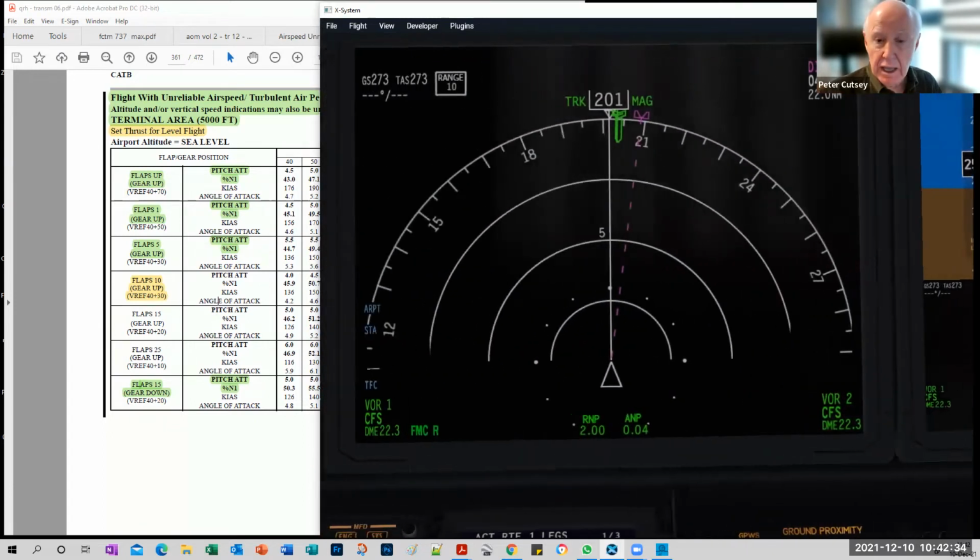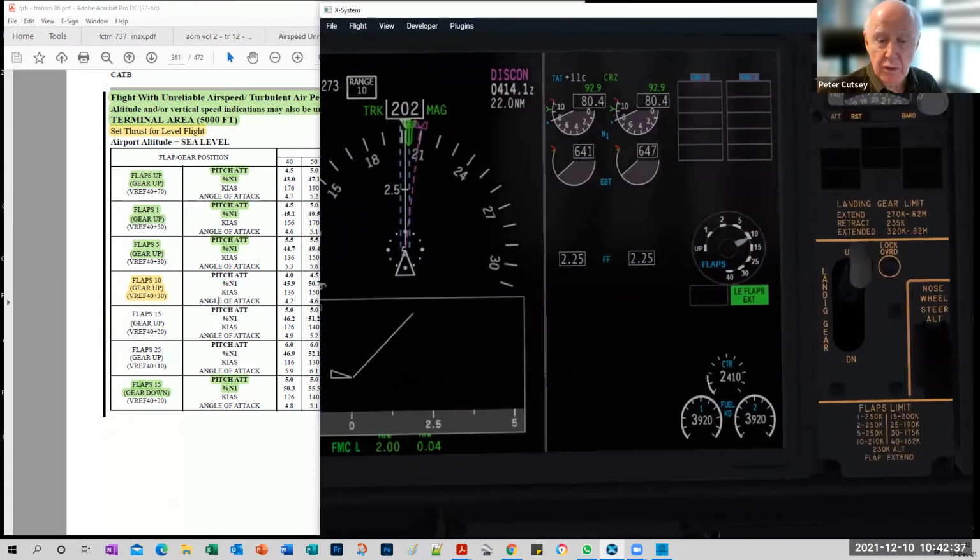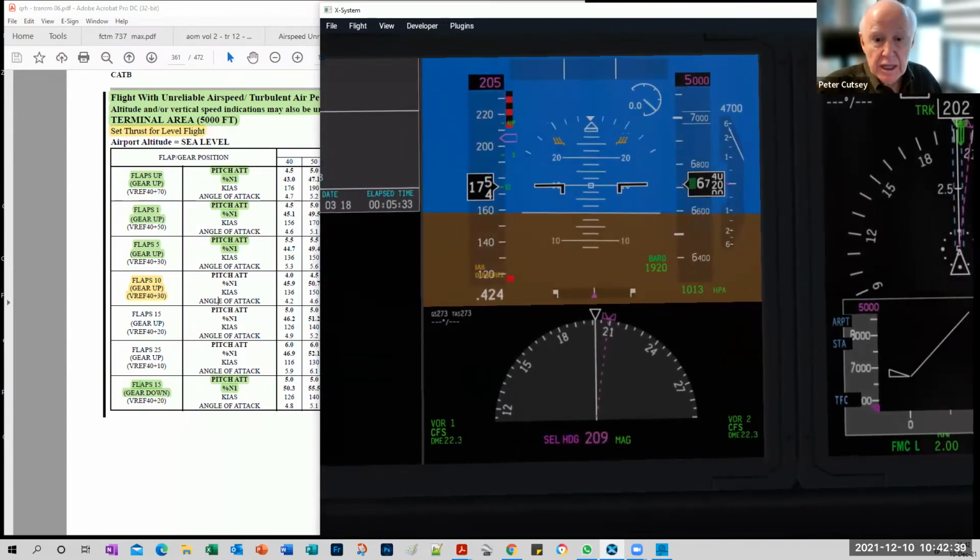Now, if you notice, we went through the recall items for airspeed unreliable.